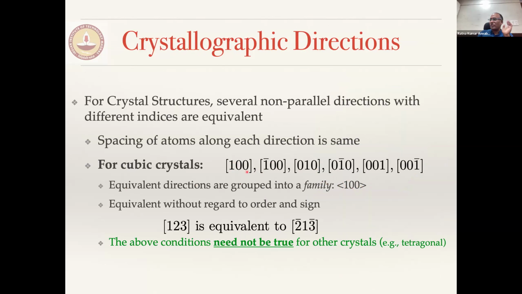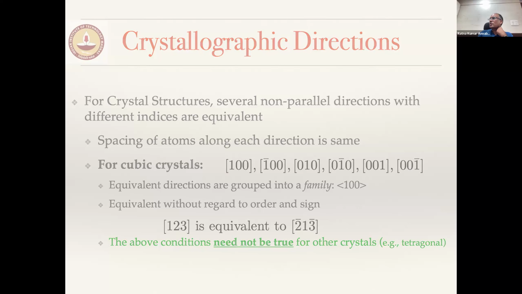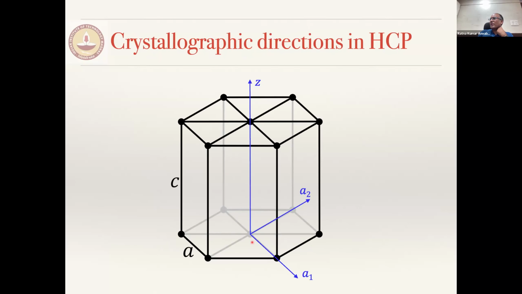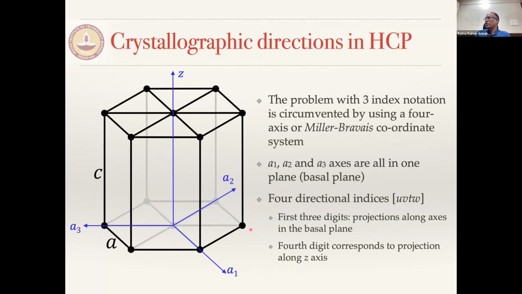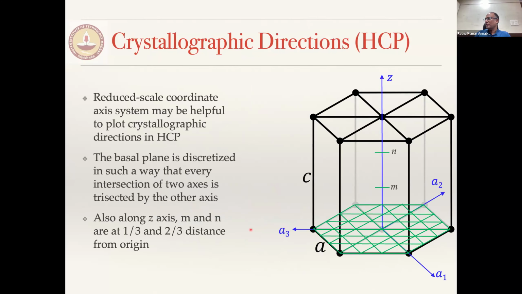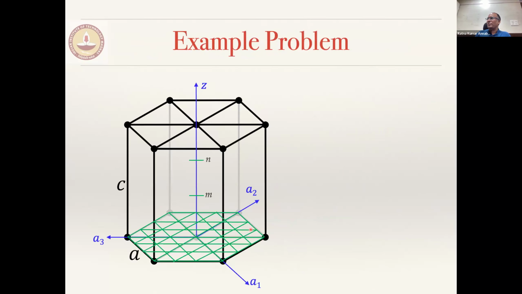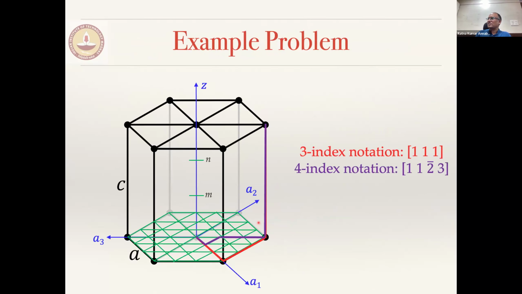These permutations work only for cubic crystals. Keep that in mind. We also discussed hexagonal crystals. With the 3-index system, the concept of equivalent directions being represented by permutations does not work, hence we introduced a 4-index notation, and with it the permutation works. But if you did not understand the hexagonal crystal system, that is fine, as long as you understand how directions are represented in a cubic crystal.